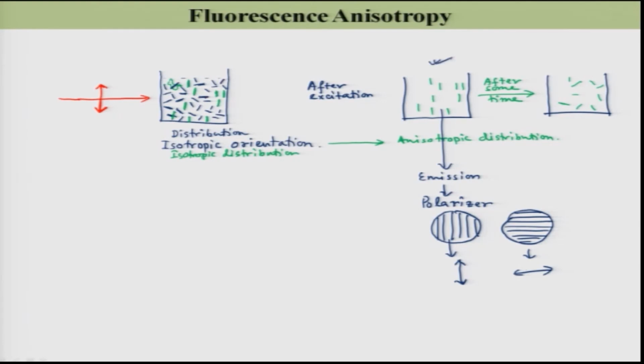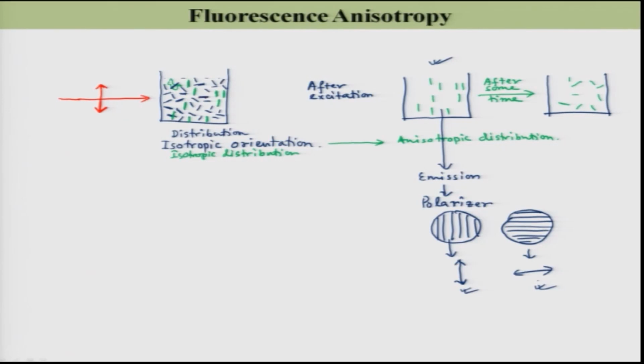So, in this case what we are going to see is, just after the excitation, the intensity of light which is polarized vertically will be more compared to this intensity. As time goes, the intensity of this one and the intensity of this one will be very similar, and that is the subject of fluorescence anisotropy, right.